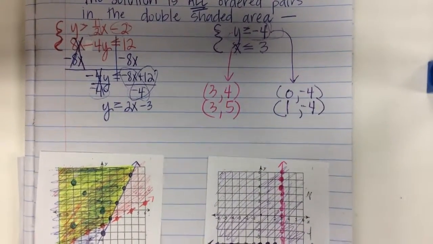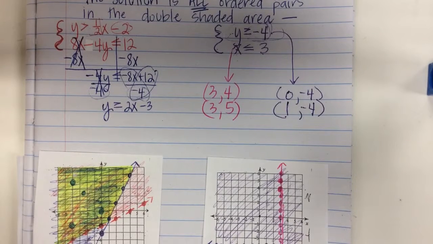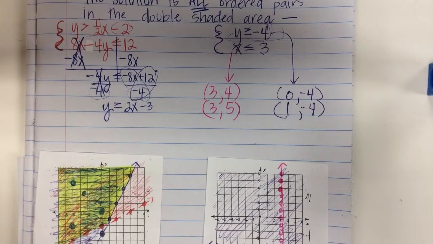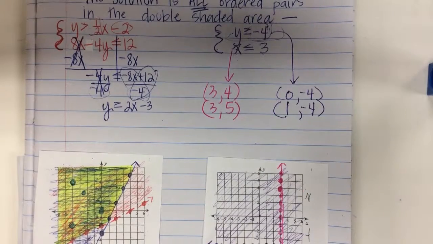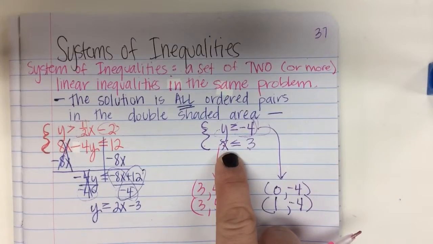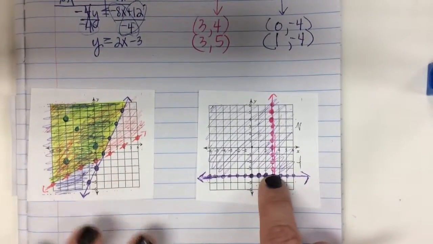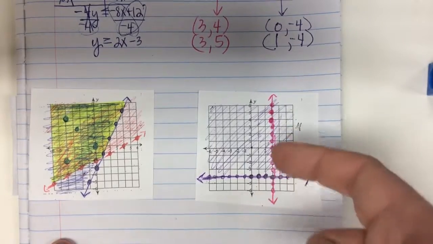It says x. It doesn't say y. Is x getting bigger or is x getting smaller? X is smaller. Which way does x get smaller? This way.